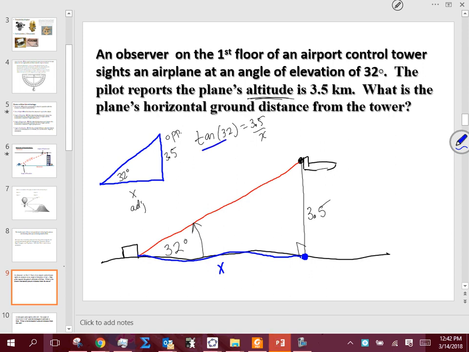What's going to happen with that object and that object? They're just going to replace each other, right? They're going to switch spots. So we get 3.5 divided by tangent of 32. Make sure you're in degrees on your calculator, and you should be able to determine how far that is.